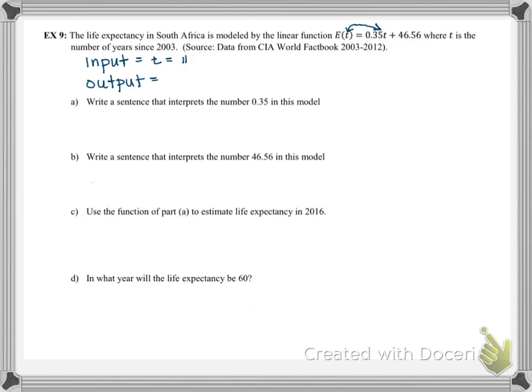So, number of years since 2003. And then again, when it's in function notation, that entire left side of your function is always your output. So E of t.